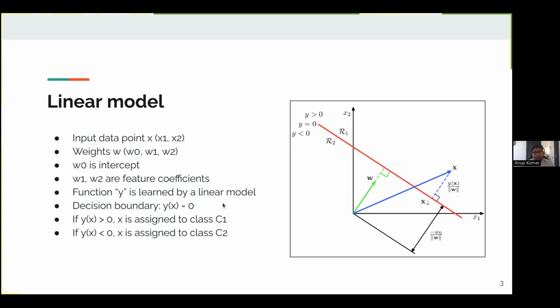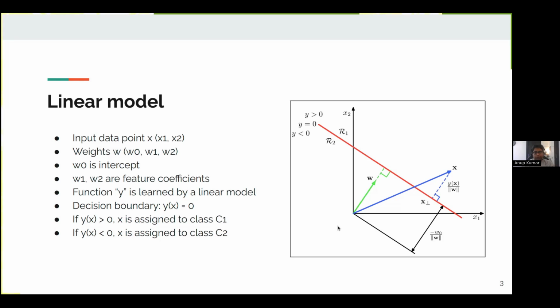When we have a point for which the value of y(x) becomes more than 0, then it becomes class 1. Let's suppose we have a point here, and for this y is positive, then the values of x1 and x2 could be at this point, and the equation becomes more than 0, and then it's assigned to class 1.